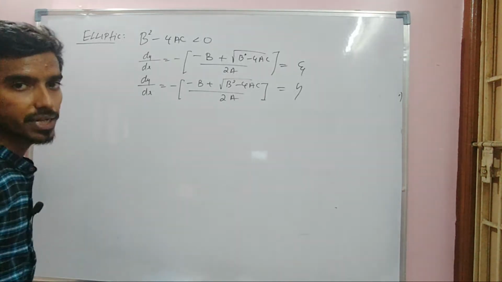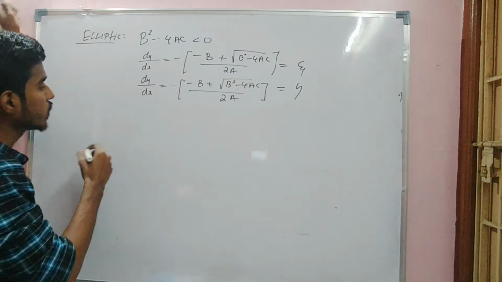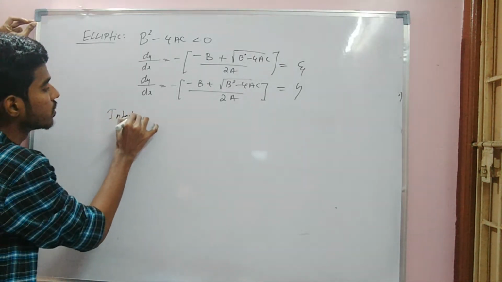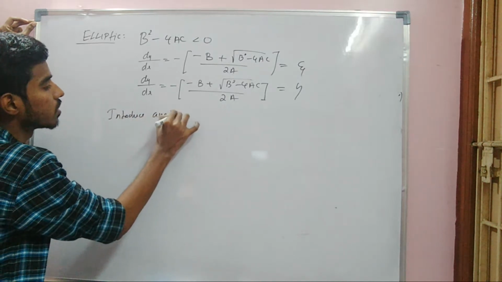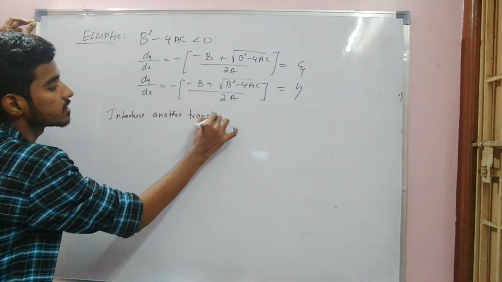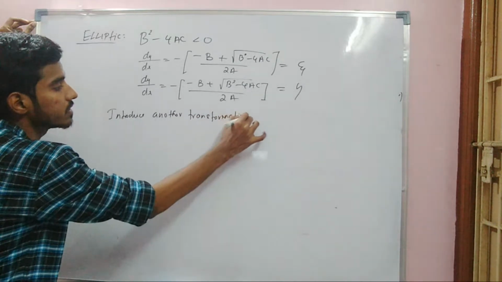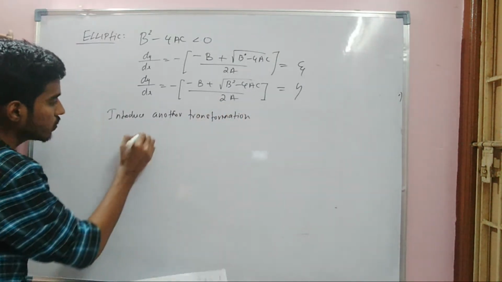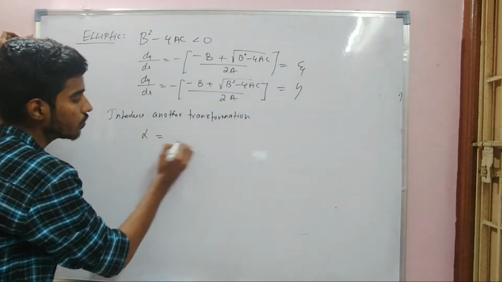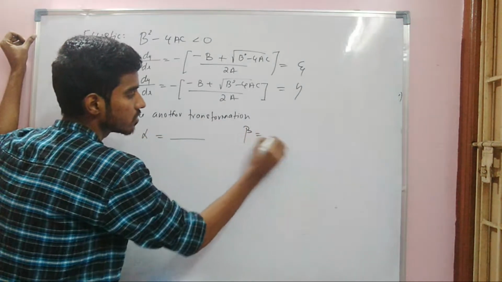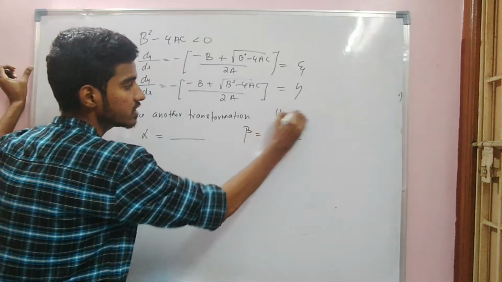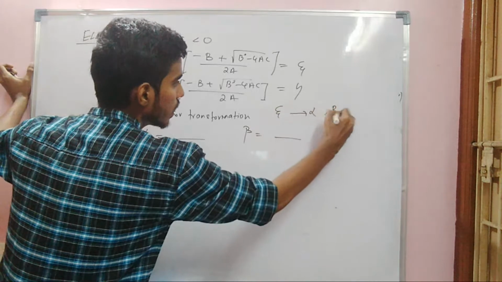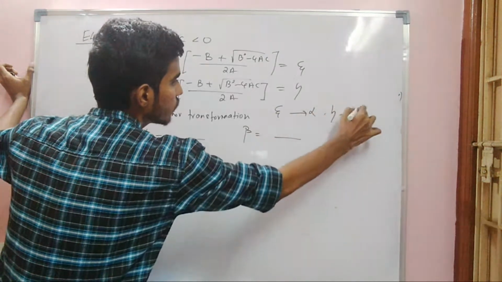Suppose if it is elliptic, you have to introduce another transformation. That is, you have to find alpha and beta. You are changing theta to be in terms of alpha and eta to be in terms of beta.